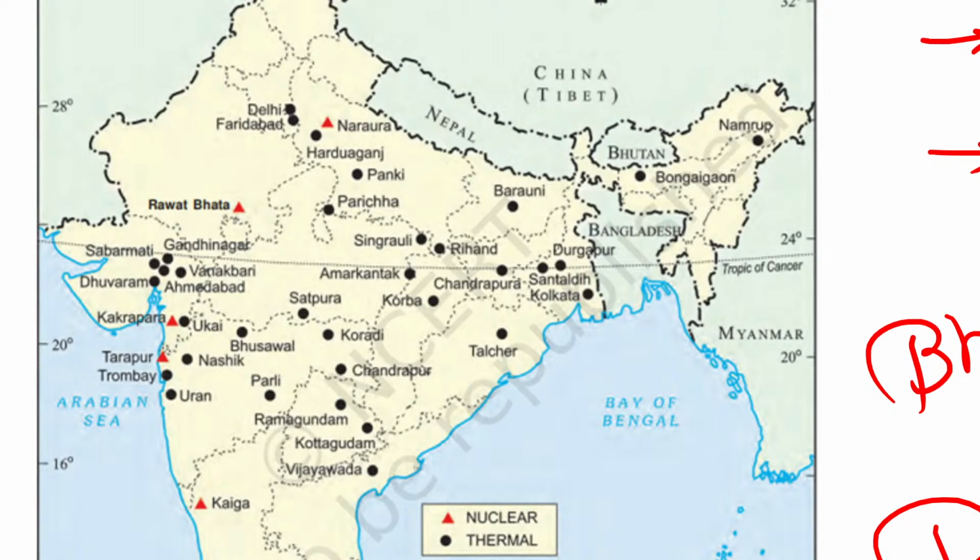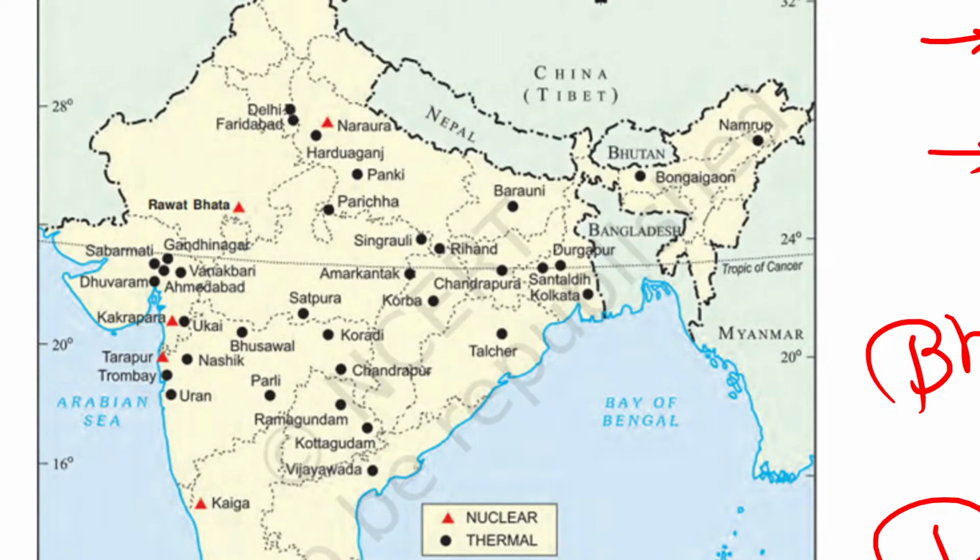Then in the western part like Sabarmati, Gandhinagar, Ahmedabad, Ukai, Bhusawal, Nashik, Trombay, Uran, Parli, Satpura, Chandrapur.